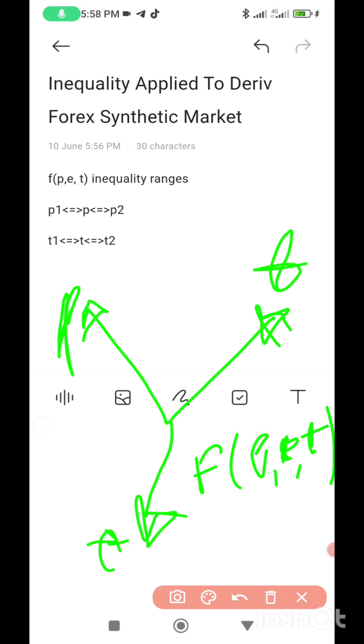So when we say that for some error, because we have to fix the error first, but error is a variable.